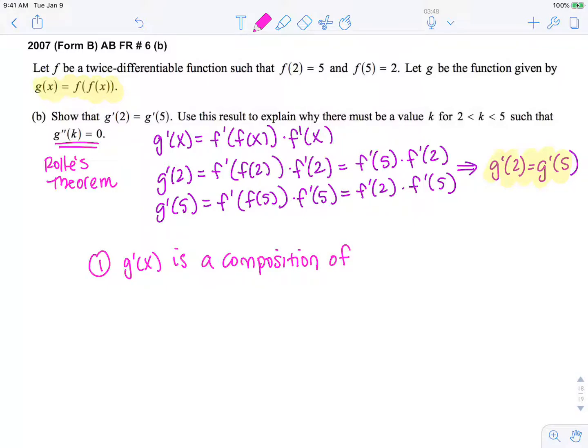of f and f prime, which are differentiable.